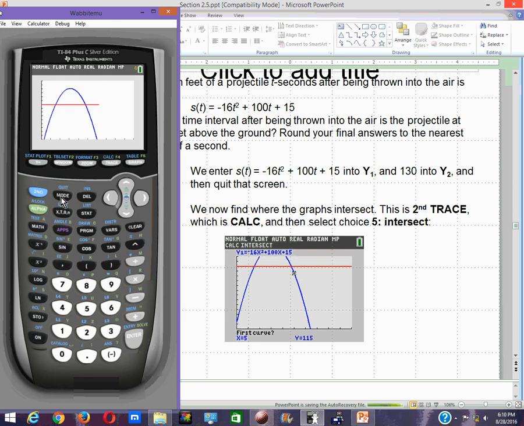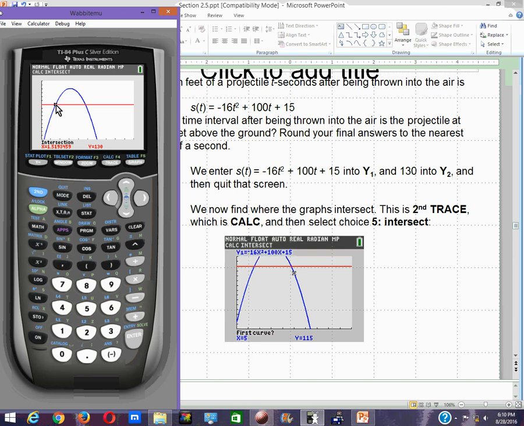Okay, second calc, choice 5. That is y1. That is y2. Let me guess this one on the left first. Notice there's no left and right, so let me go to the left of it. I'm just going to go ahead and put in 0 as my guess.